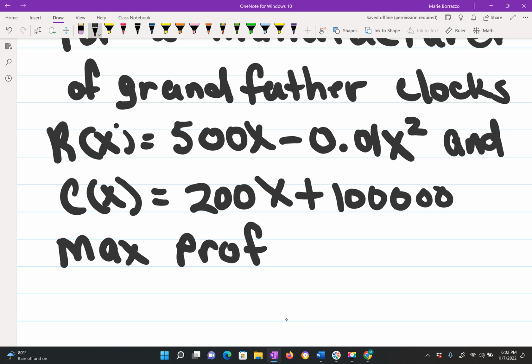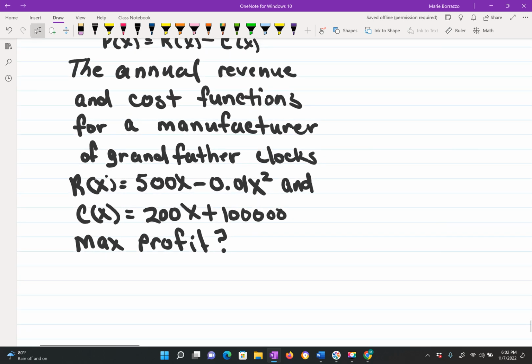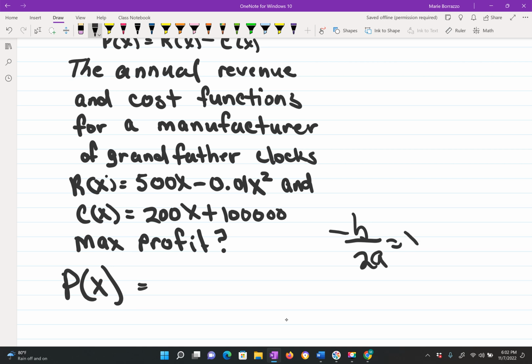So if you recall this, one of the equations I told you to find just now is the P of x. Once you find the P of x, I then need you to use the negative b over 2a formula, which gives you x, and then I need you to plug it back in and find the answer. If you can do that, you should be great.